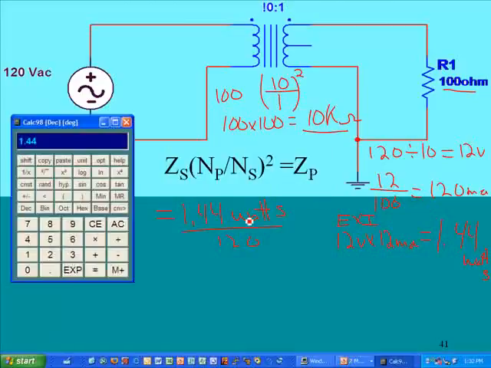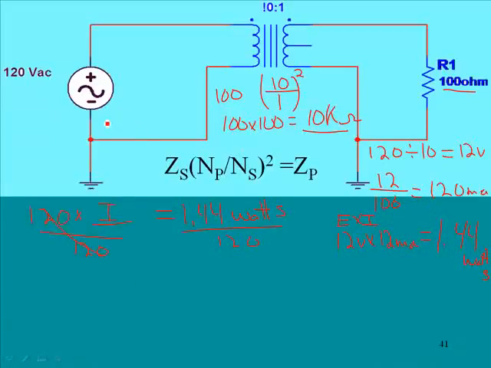And so we could say 1.44 divided by 120 will give us 12 milliamps of current. So I in the primary is 12 milliamps. So now we could solve for power here.